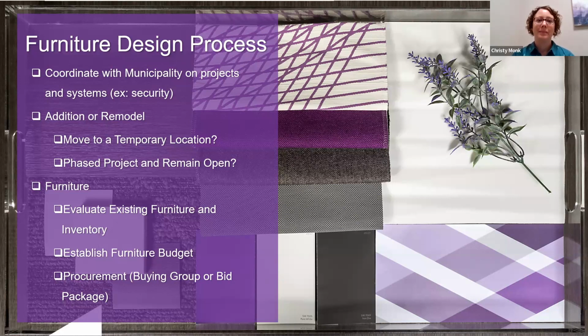Same process that Christy mentioned on the building side, but to a different set of people that actually provide those products. And furniture design can have a significant impact on the actual construction of a building. Whether or not you're moving to a separate location for a temporary basis for your project, or whether you're remaining open in your current location, it can involve several different steps.